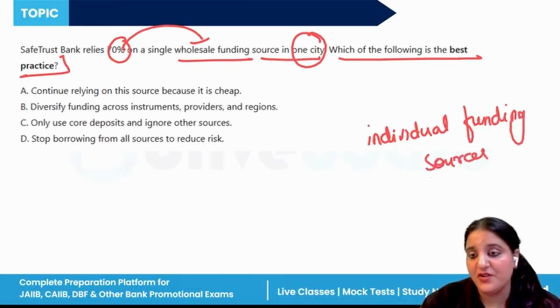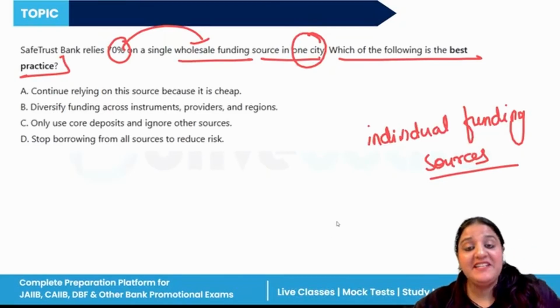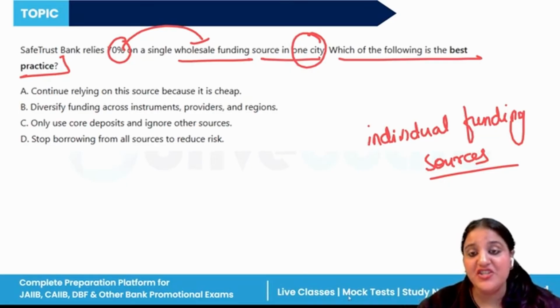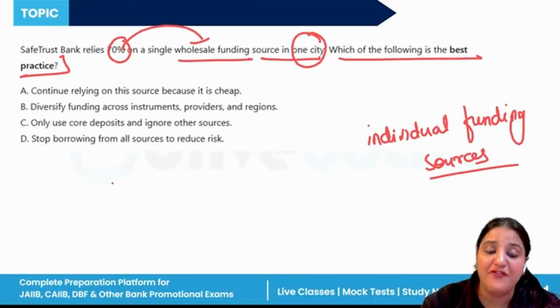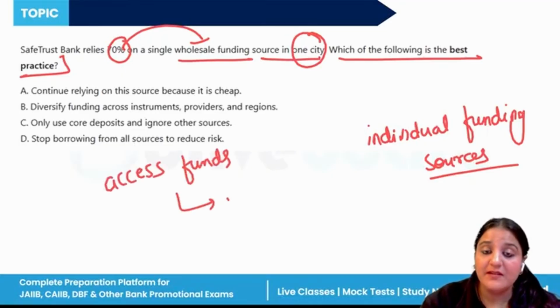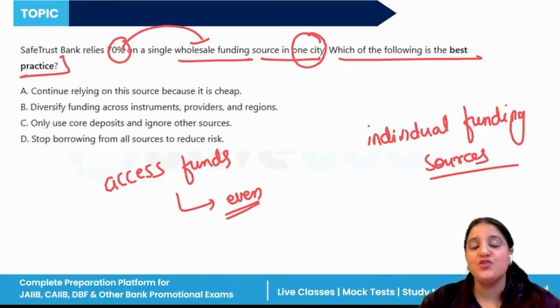What are the individual funding sources? By the type of instrument, by the provider type, by the geographical market. That diversification is what ensures that the bank can access funds even if that one source fails.